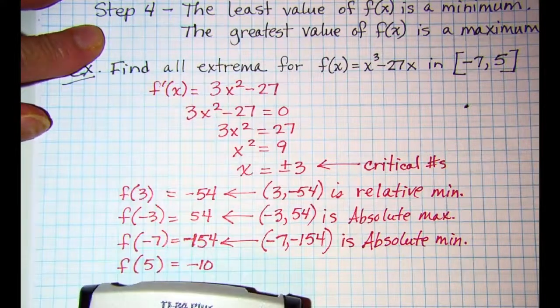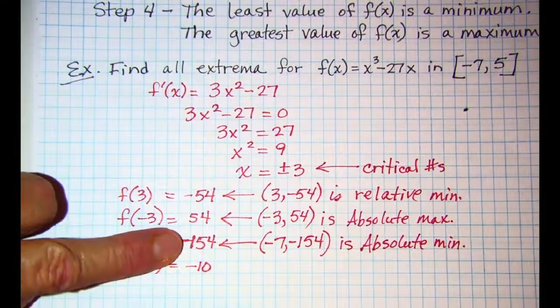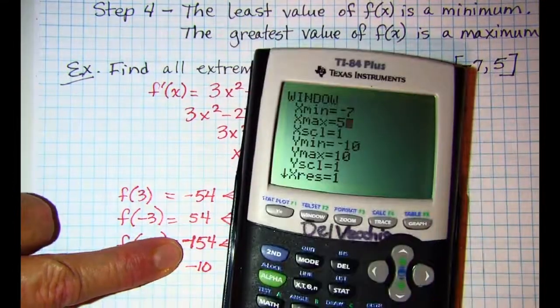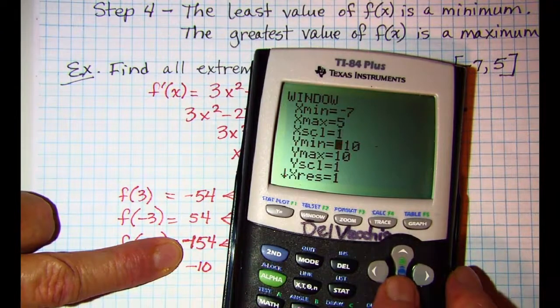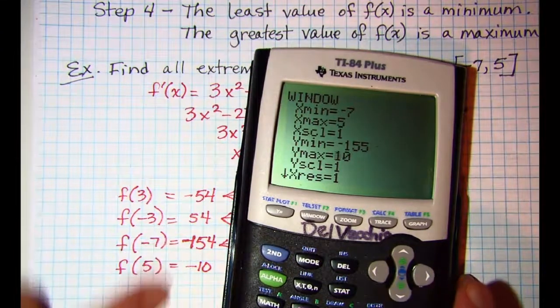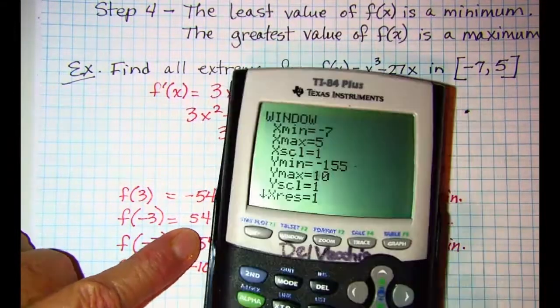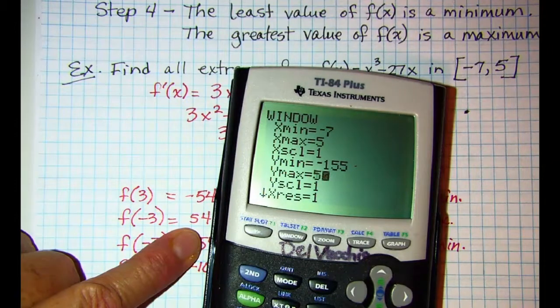And it looks like my y minimum, I want a -154, so let's put -155. And then my y max, 54, so we'll put 55.